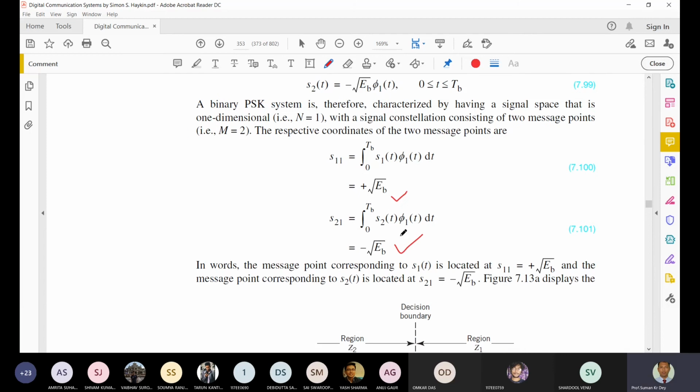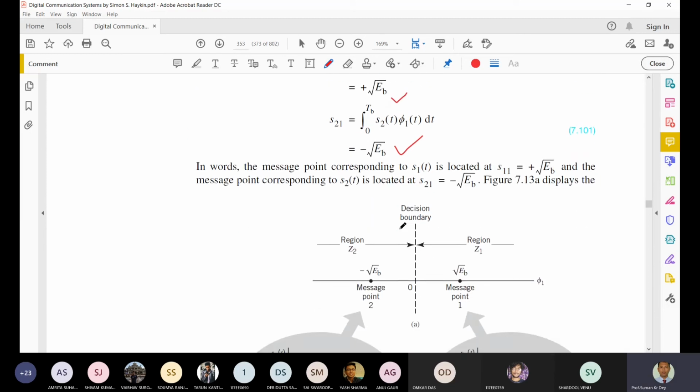Now if we plot these two points in the signal space, one point is at this position and another at this position.